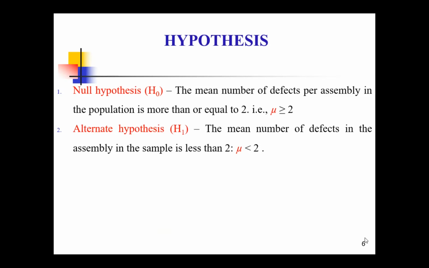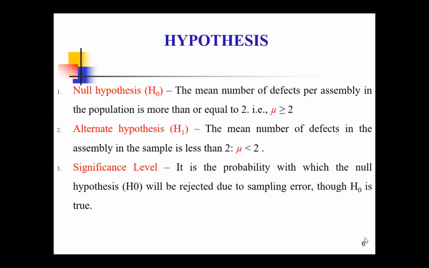Because in the null hypothesis I have taken the number of defects as greater than or equal to 2, the opposite of that, less than 2, we take in the alternate hypothesis. So ANOVA is formulated based on the null hypothesis and alternate hypothesis. The null hypothesis is represented by H0 and the alternate hypothesis is represented by H1.